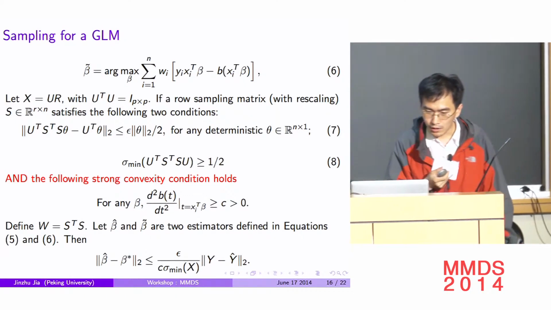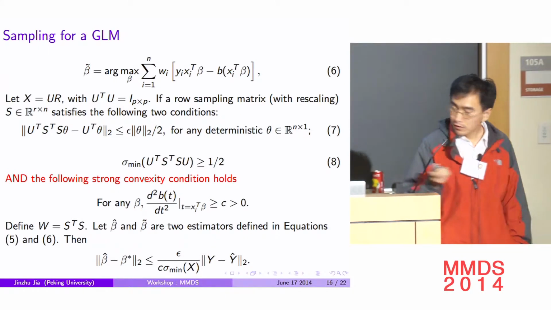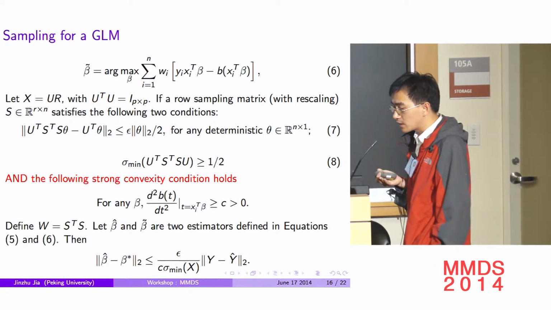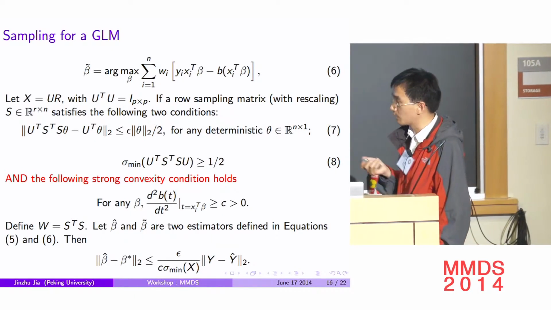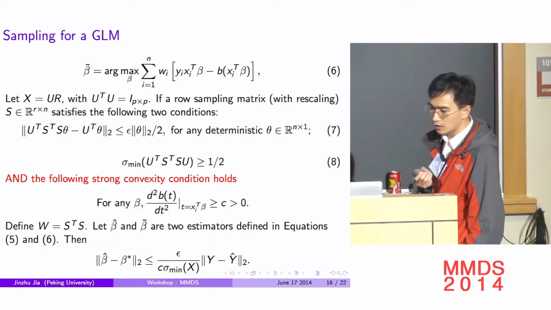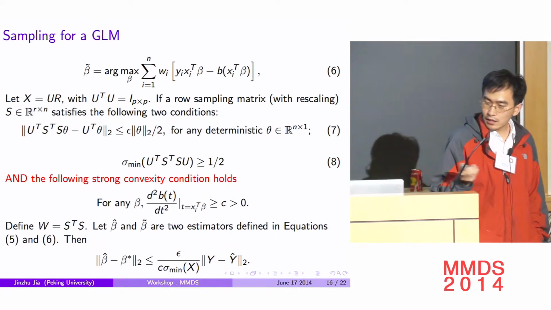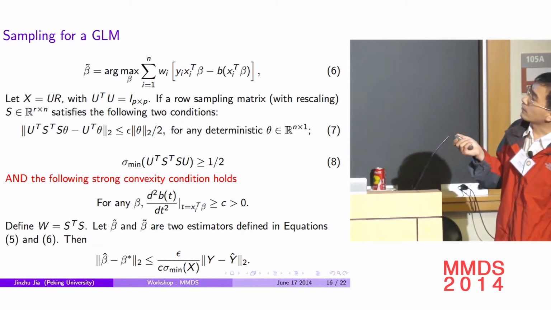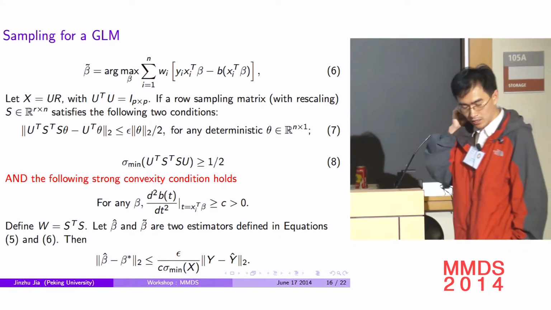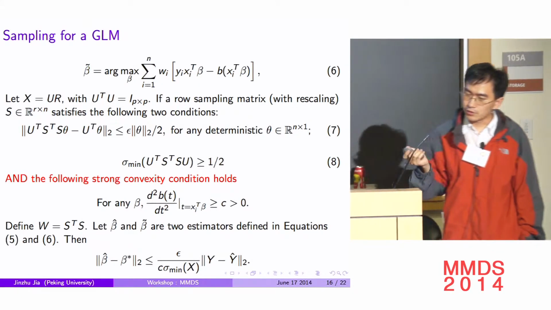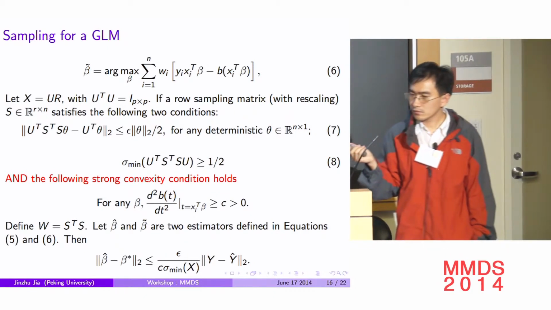But we need a very strong condition, the strong convexity condition. It means that the objective function, or the log likelihood function, has strong convexity. This condition is in fact very strong. At least for logistic regression, usually it does not hold.